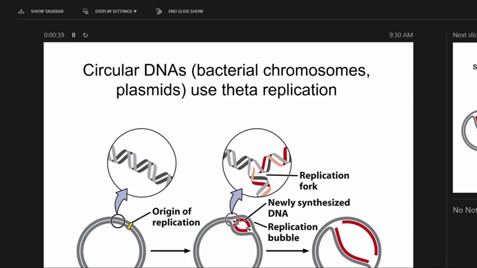So, all right. I'm going to back up a little bit because we're going to talk about the mechanics of replication, but I want to show you guys again in the prokaryote model of replication where it's a circle, and in the eukaryote where it's linear, it's the same thing here. So you get replication starting, and then you get an opening of the double-stranded DNA to form single-stranded DNA, and then new DNA is put in there.